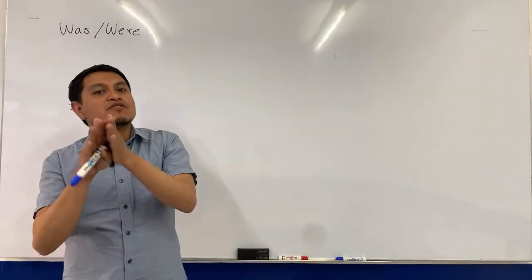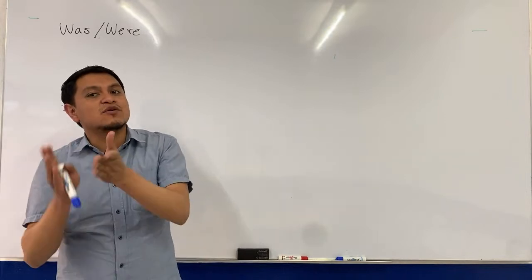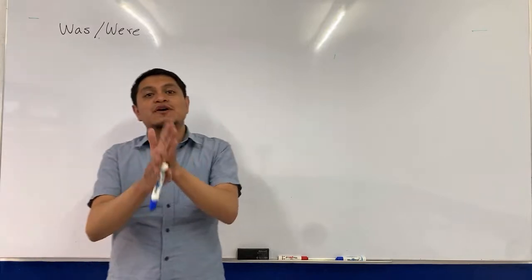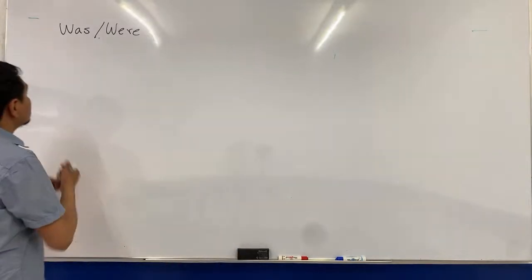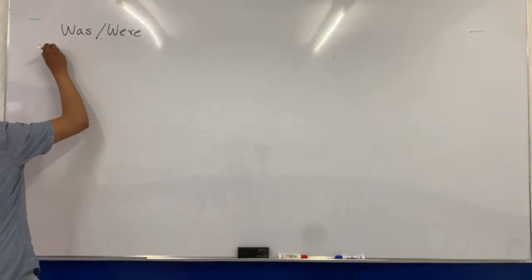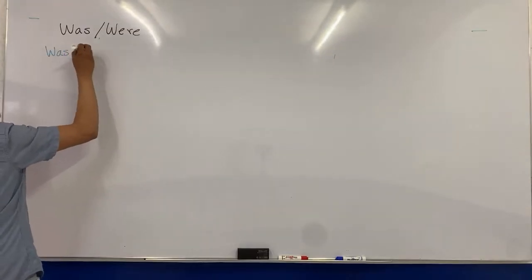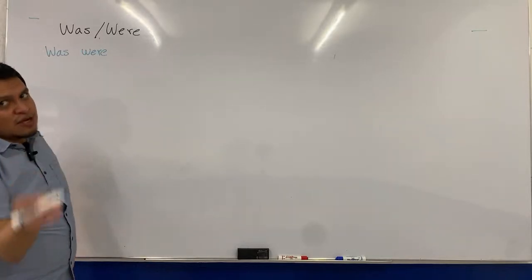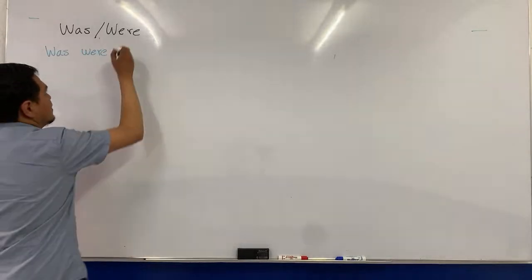In this case, we start the questions with was or were, the verb to be. We start with was or were plus subject plus complement.